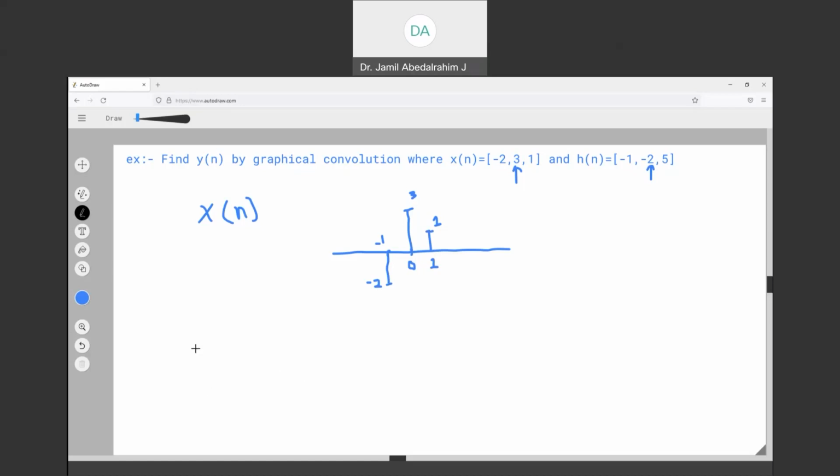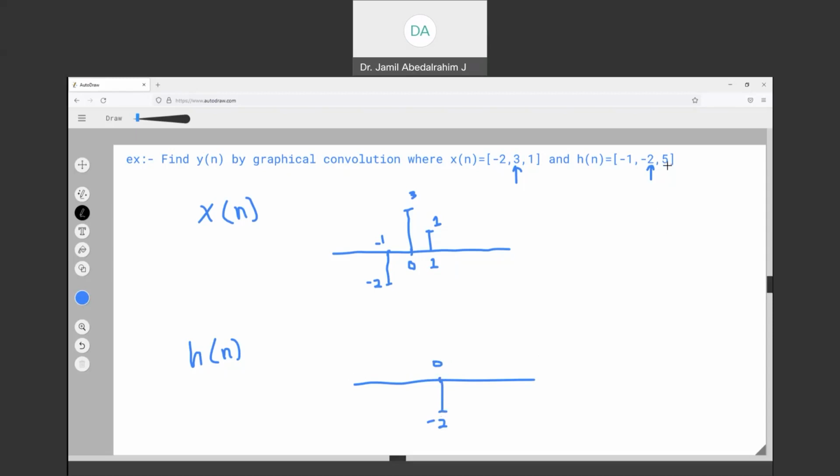Let's draw h of n. Okay, negative 1, negative 2, and 5. Negative 2 is located at 0. So at 0, the value is negative 2. Okay.